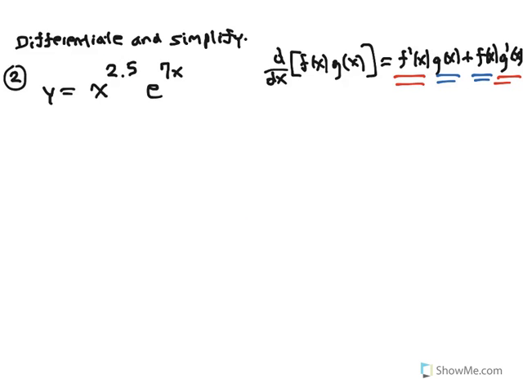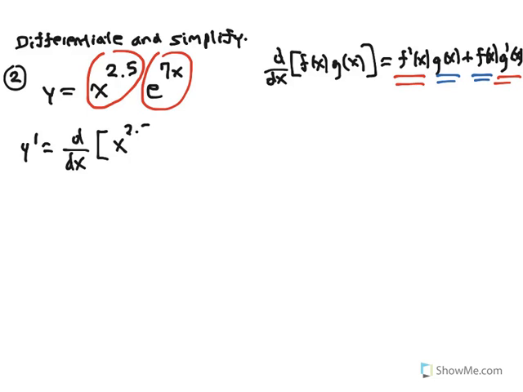So here we have number 2, differentiate and simplify. You should recognize that we have a product of two differentiable functions, so we need to find the derivative by using the product rule, and you will have y prime is equal to, to help you set it up correctly, the derivative of the first function times the second plus the first function times the derivative of the second function.